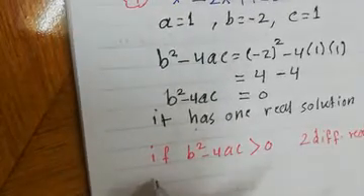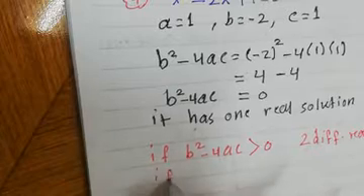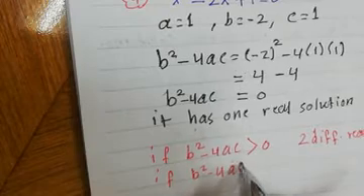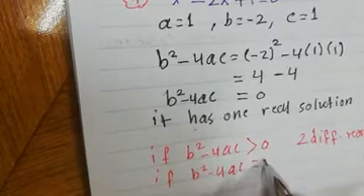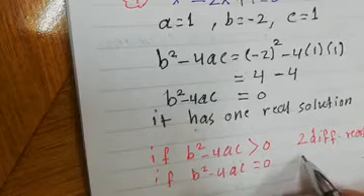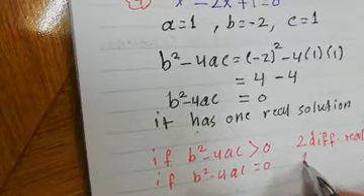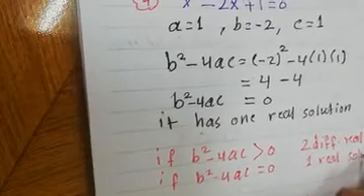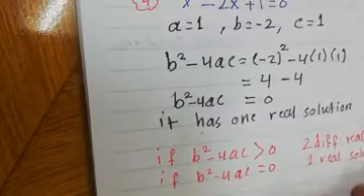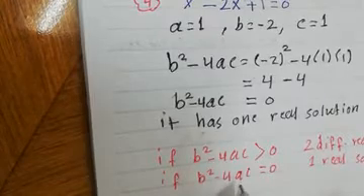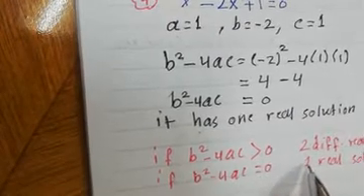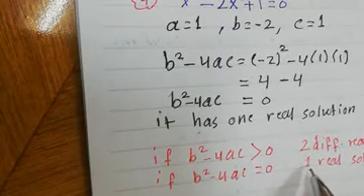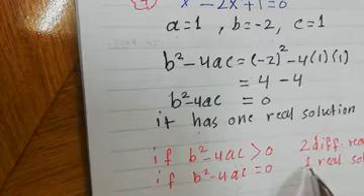The second case: if b squared minus 4ac is equal to 0, it has only one real solution. And by the way, in this case, because it's one real solution, it's really not one, it's two, but they are the same solutions. So they are equal.